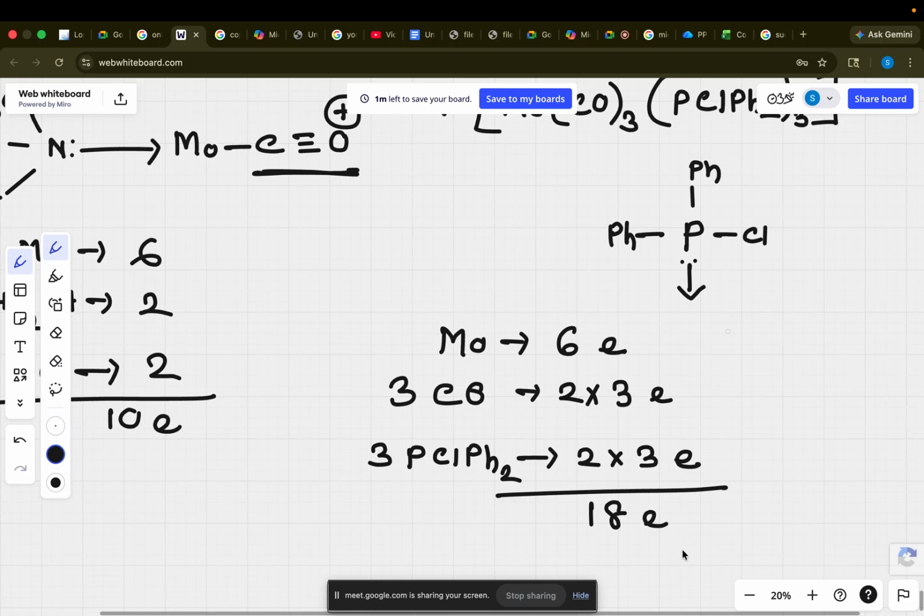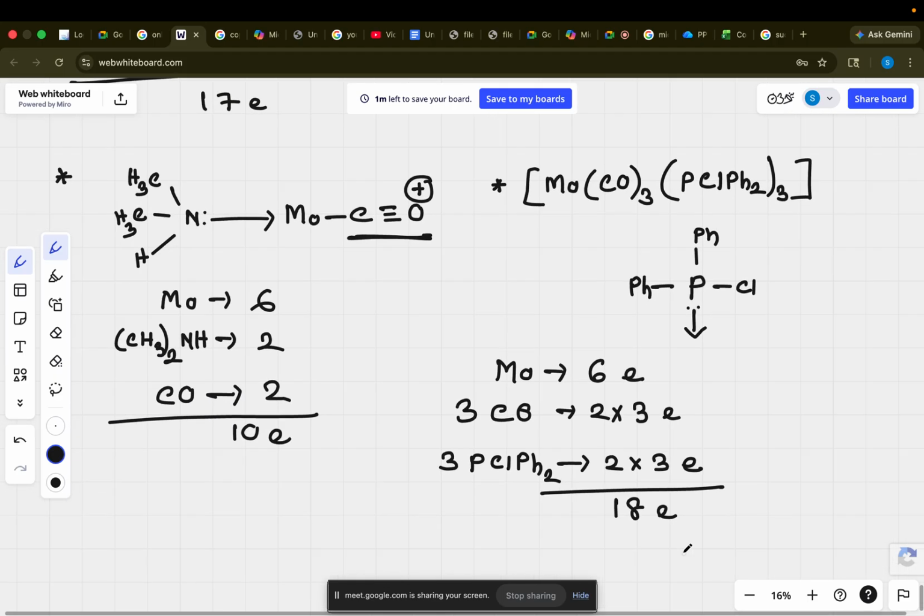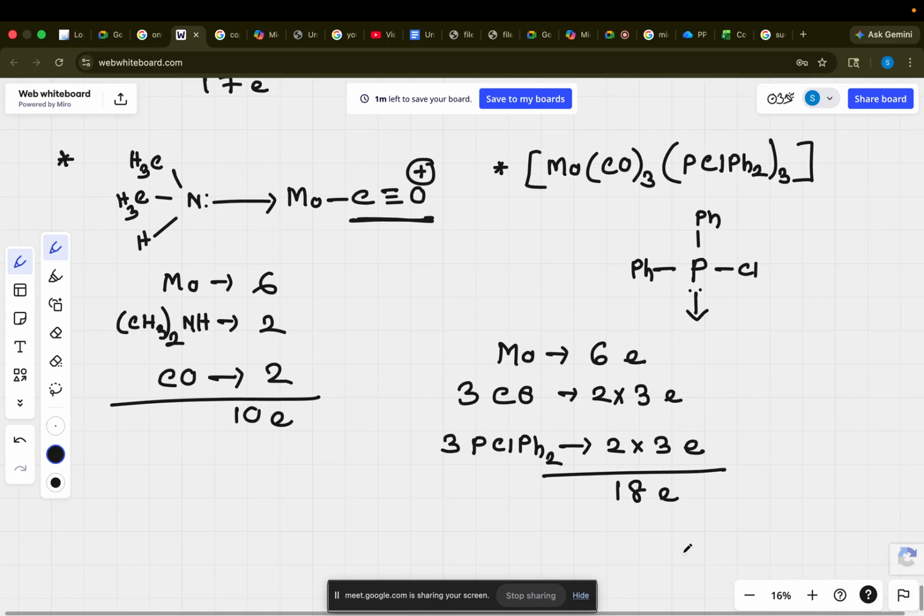Overall how many electrons? 18 electrons. Clear? Molybdenum is donating 6 electrons. From 3 carbonyls you are getting 6 electrons, and from the 3 phosphorus ligands you are getting again 6 electrons. So overall you are getting 18 electrons.